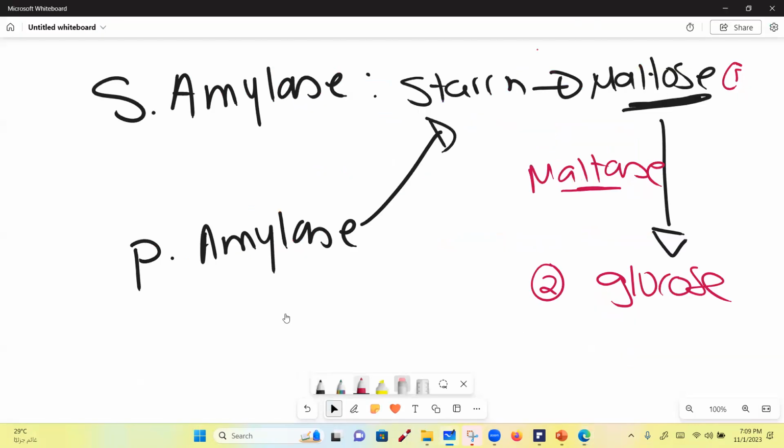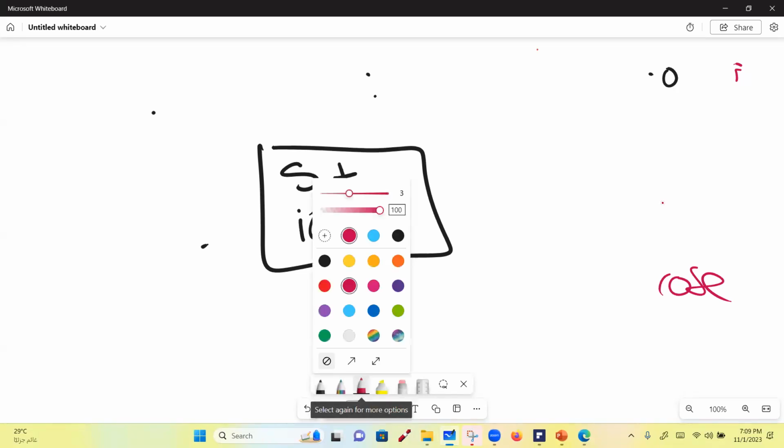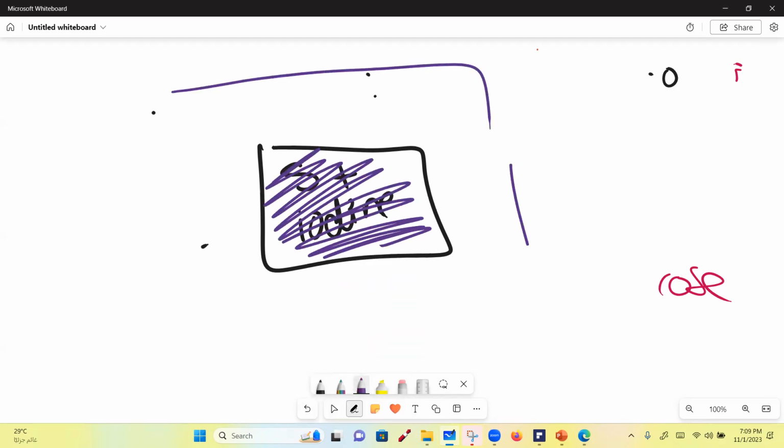Again, maybe I have something bigger. Look, I have a block. This block contains starch plus iodine. Starch plus iodine will give me what color? Blue black. Okay, let me get the color blue black so that everyone understands. So I will start with a block that is blue black. I will put this block in a solution that contains the amylase enzyme.